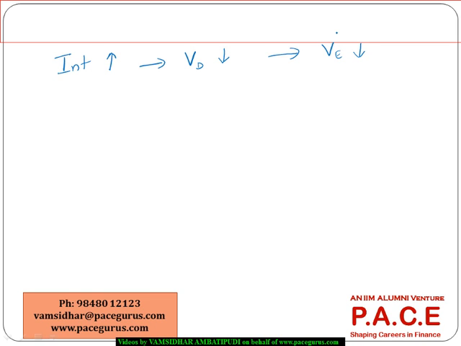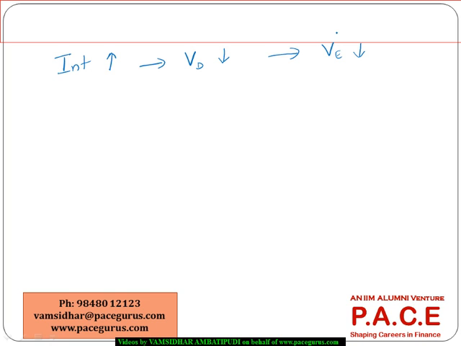So whenever the interest rate is increasing, the overall value of the firm and all are falling. So we need to have some kind of mechanisms to understand how the value of the firm or how the credit risk can arise with the changes in the interest rates. Because on one side we have seen that if the interest rate is increasing, the credit spread should normally narrow down, right?